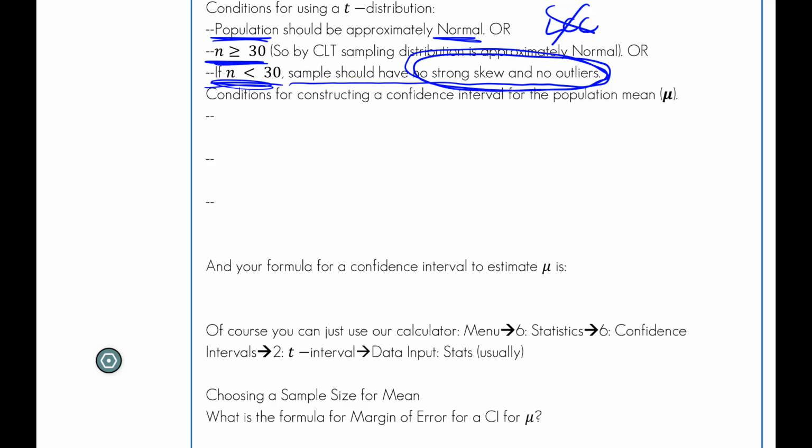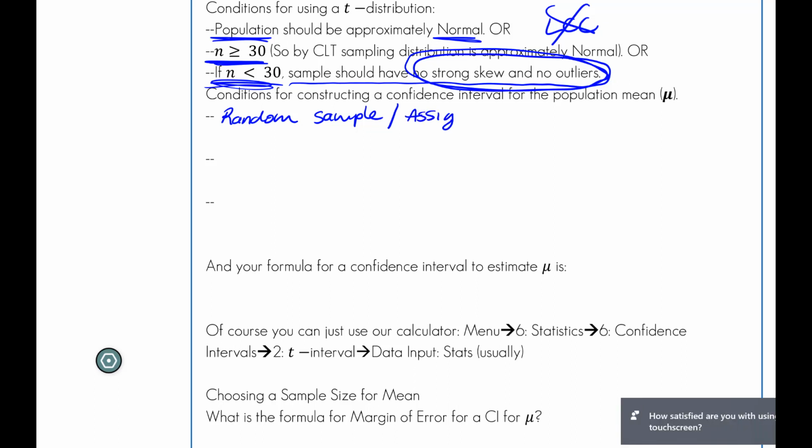So what does that mean? Now we should be able to infer pretty reasonably what conditions we should be checking in order to construct a confidence interval for a population mean. First thing, one of the things we always know, we have to have randomness, right? So we want to have a random sample, or if we are dealing with an experiment, then we need to have random assignment.